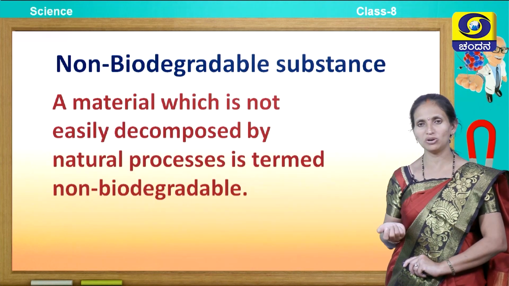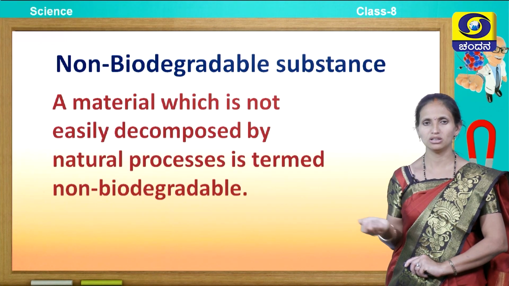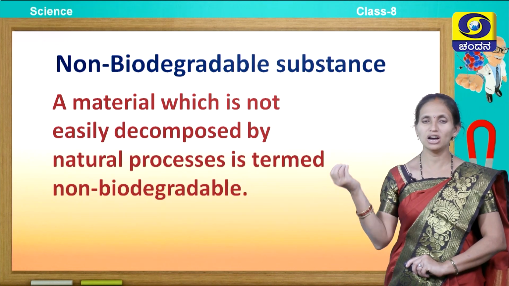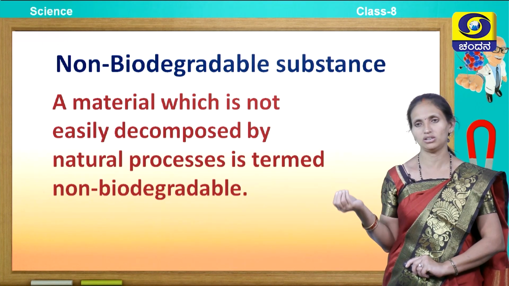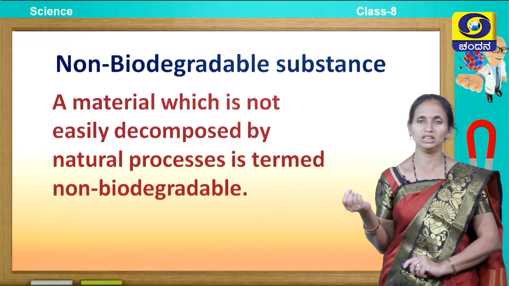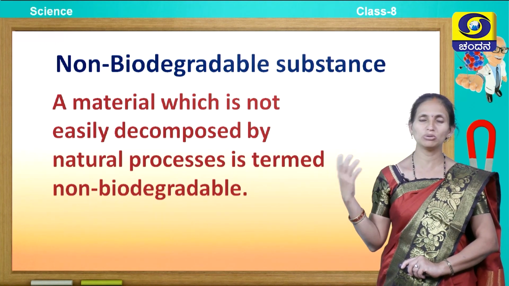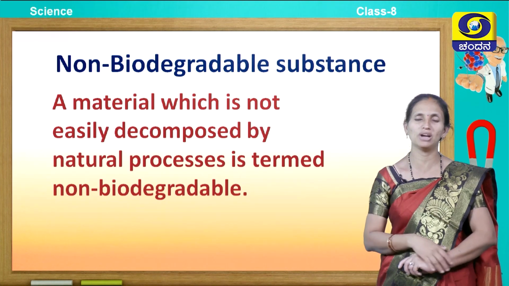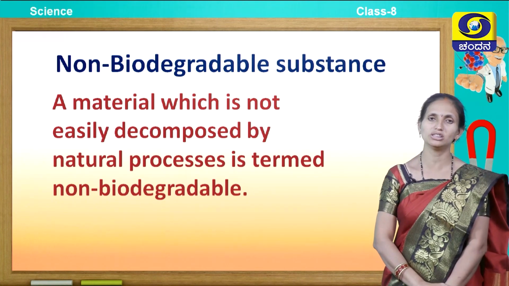What are non-biodegradable substances? Non-biodegradable substances are those substances, the material which do not get easily decomposed in nature. By natural process they do not decompose. Such substances are termed as non-biodegradable substances.